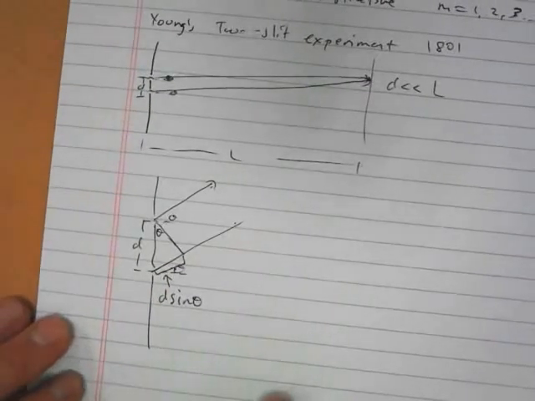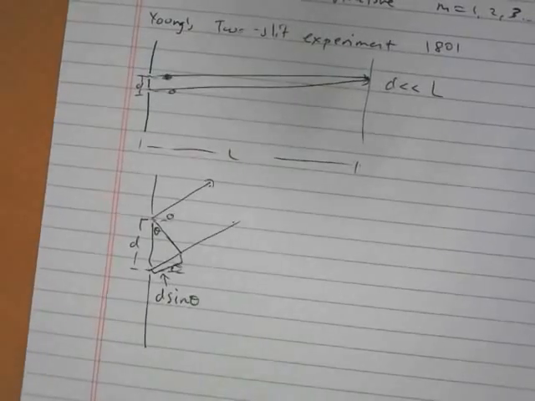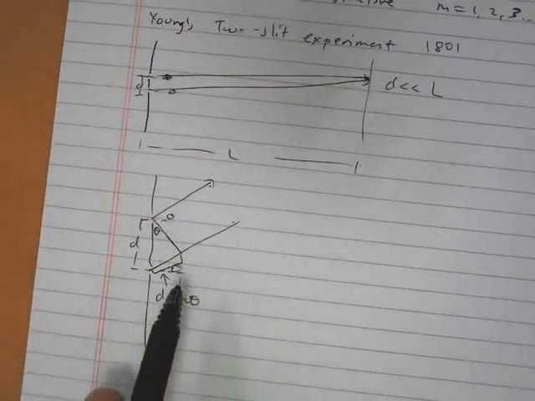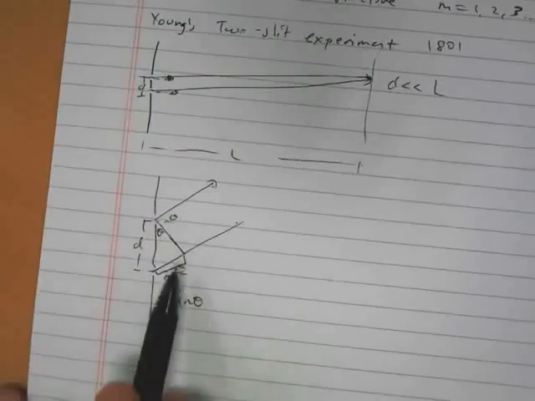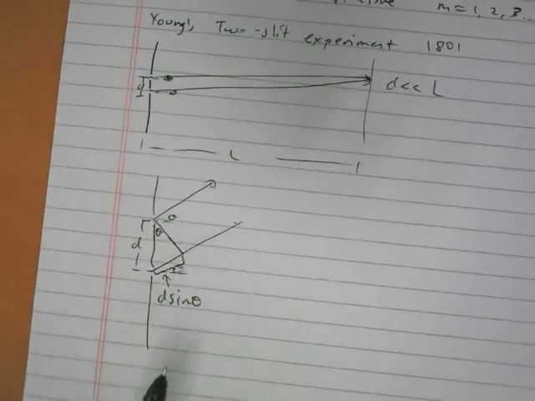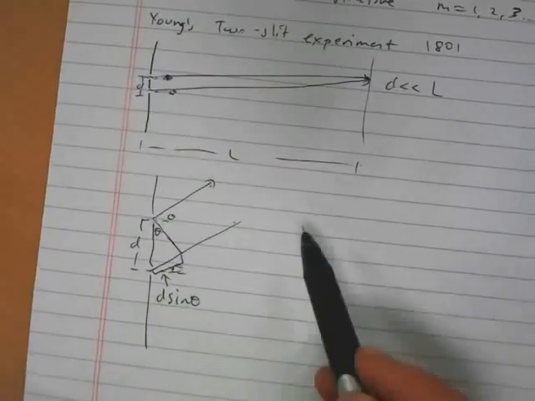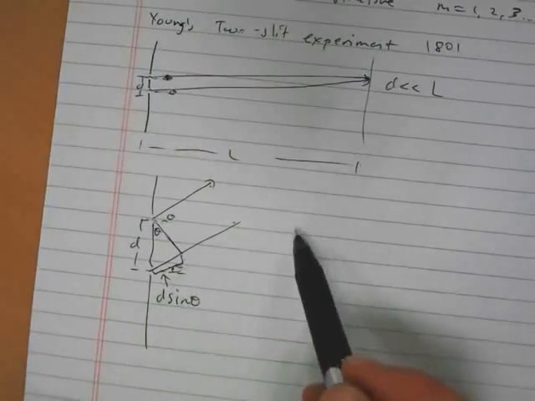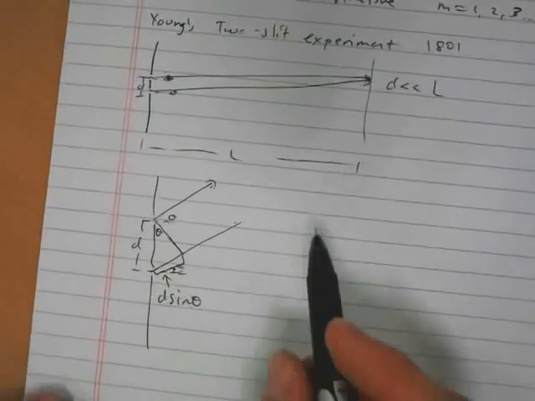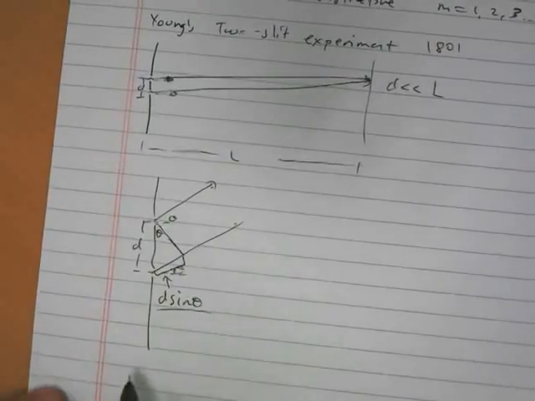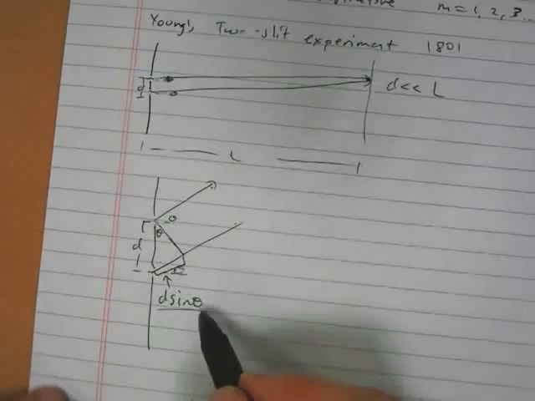Okay, that might seem like a pretty significant assumption that these two angles are the same, but in reality, it works out pretty much as though that assumption is true. So this is our d sine theta, our path length difference, because from here on the paths are the same.